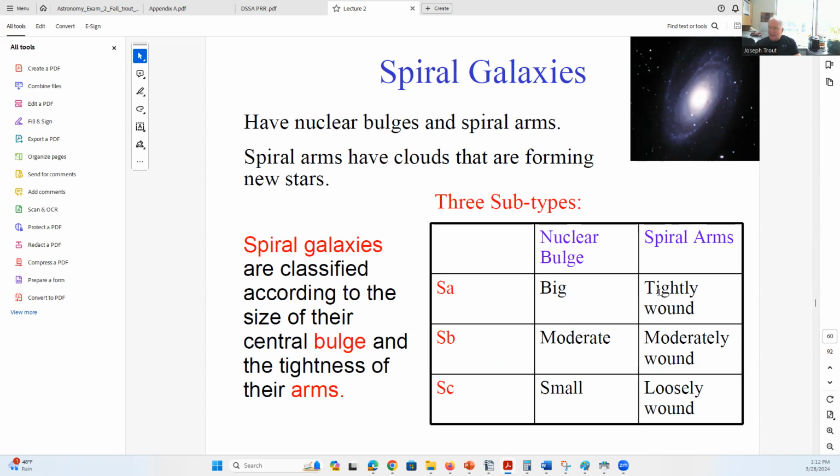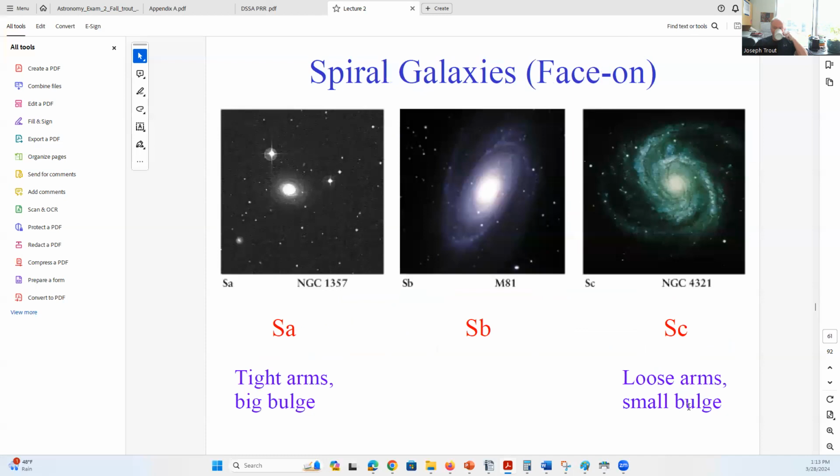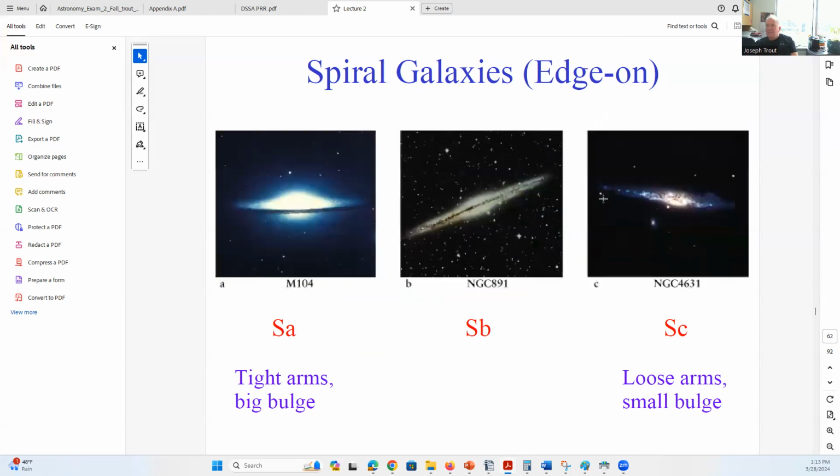And for SA, the arms are tightly wound, and for SC, they're loosely wound. So here's some pictures. SA, tightly wound, and SC, loosely wound, right? This has a big bulge, and this has a much smaller bulge.